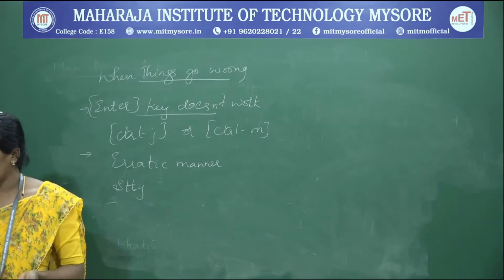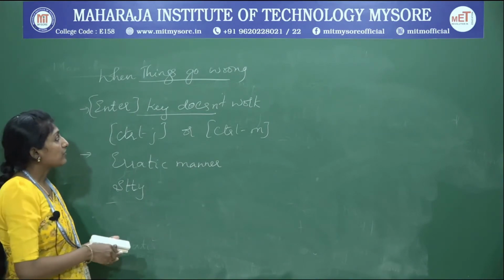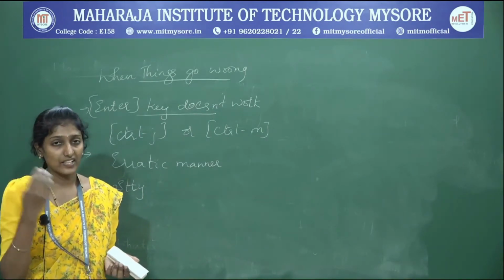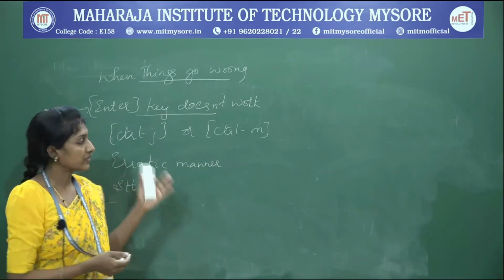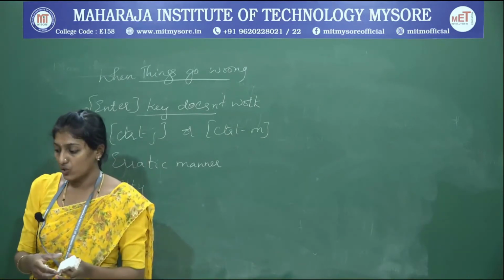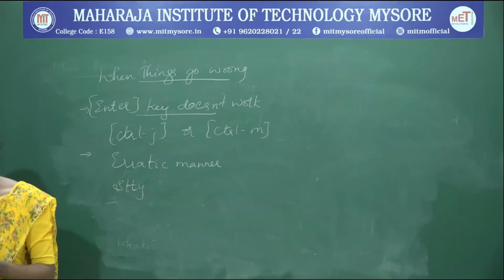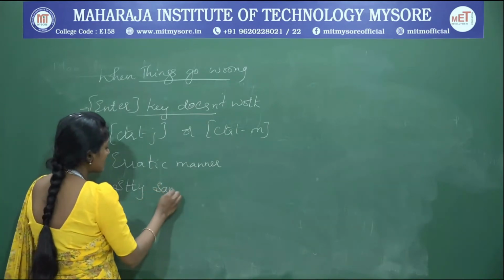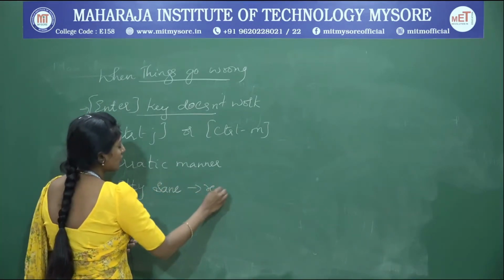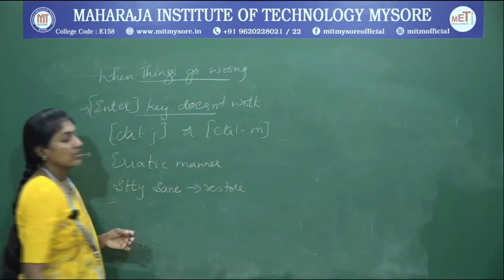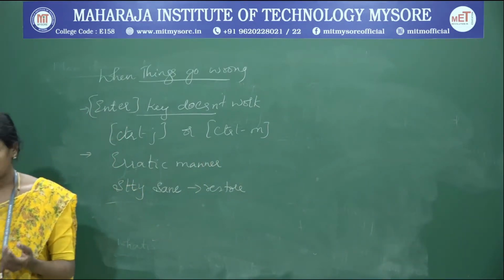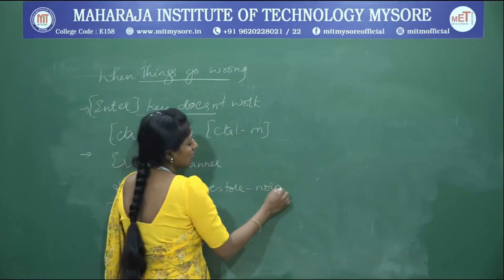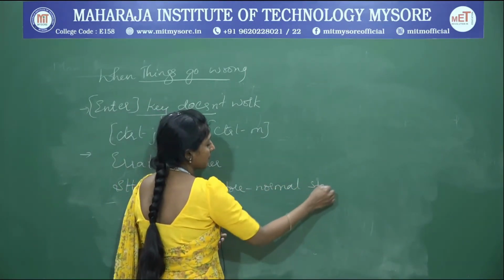This is for your information: whenever things go wrong during the execution of a program, you should know a few of the shortcut keys. As I mention it, stty sane, if you provide stty sane, this is going to restore the terminal to normal status.